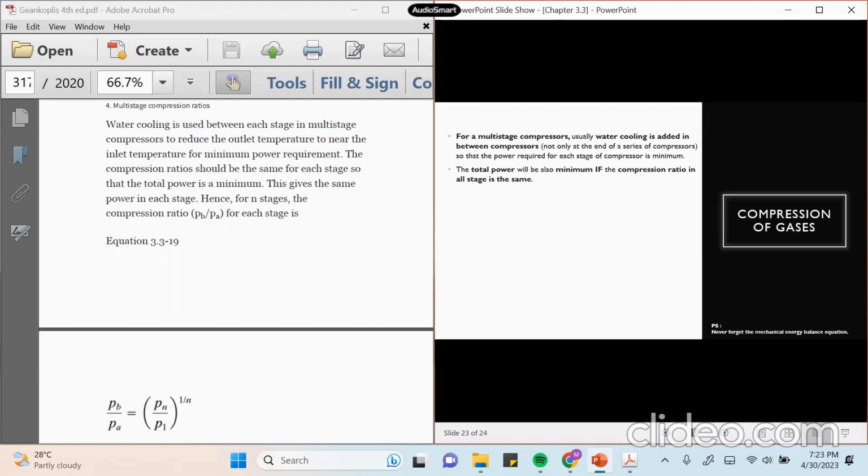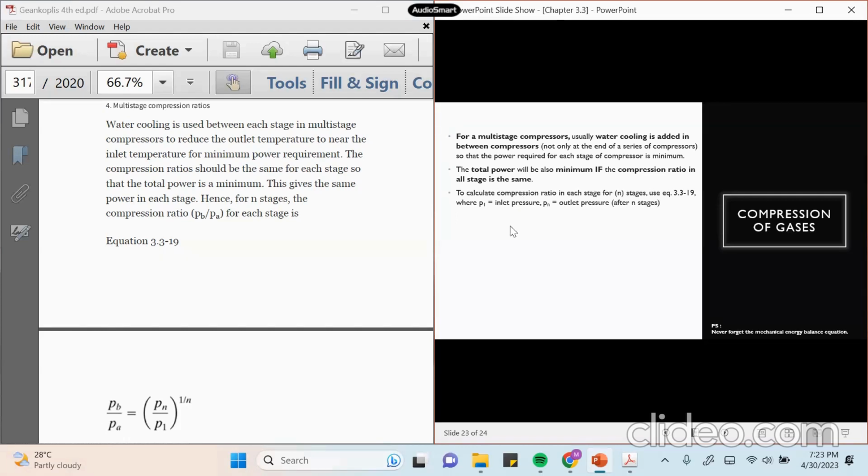And then we compare it with 20 for the first compressor, 5 for the second, and 10 for the third. From the initial to the final, it's the same 1,000 times pressure increase. But the one that gives the minimum power is the first one.